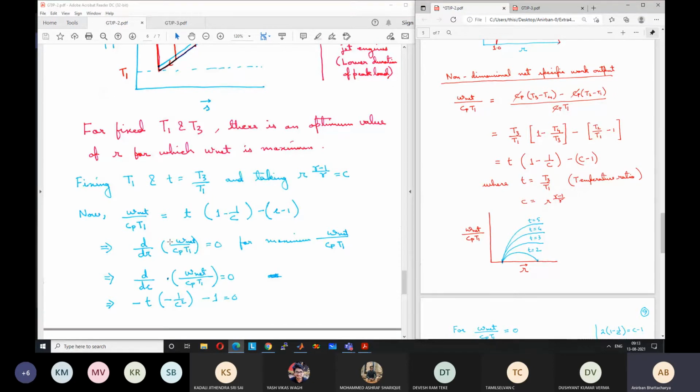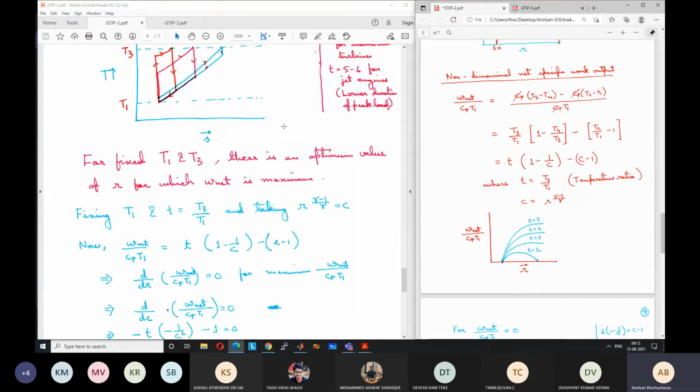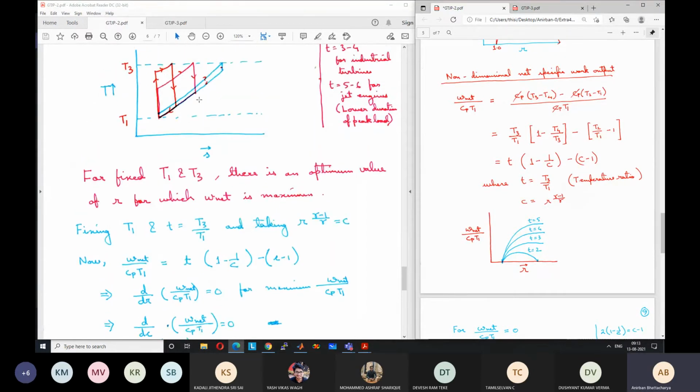So d/dR of this W net by CPT1 equal to 0 will give us the maximum work output, because we have seen graphically that there is a value of R for which the work output is maximum, not minimum, it is maximum.